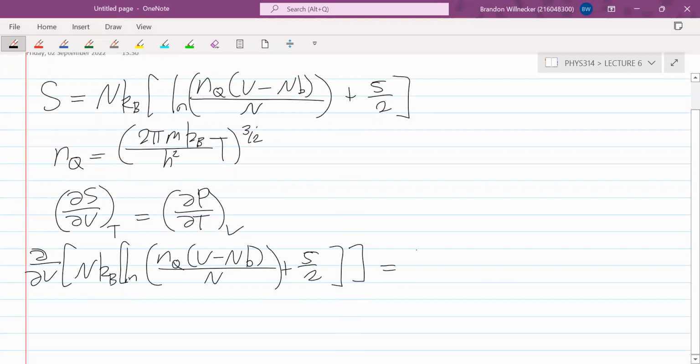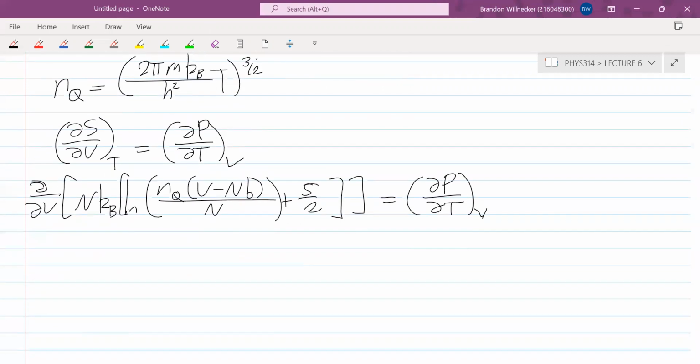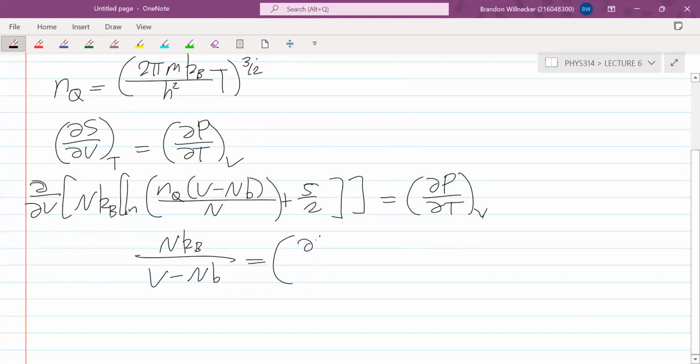On the right-hand side, we have dP/dT at constant volume V. Let's take the derivative with respect to volume. That's pretty easy. The volume only appears in the log term. So this is going to be NkB divided by (V minus Nb), and this is equal to dP/dT at constant volume V.